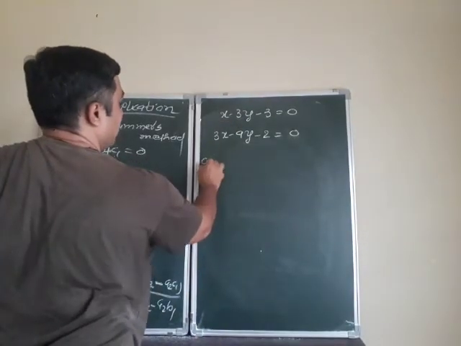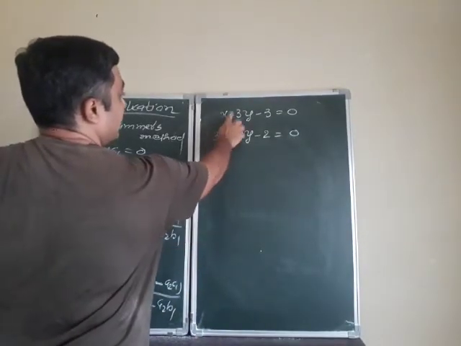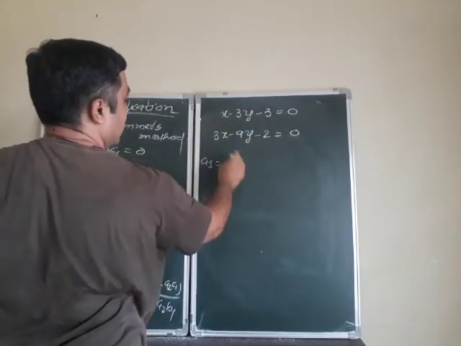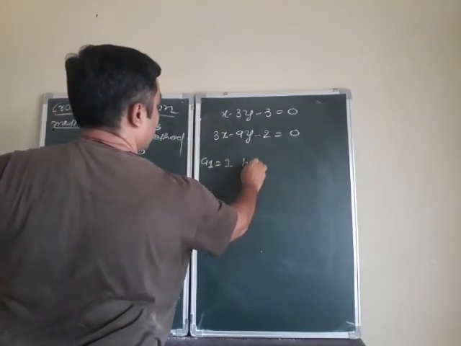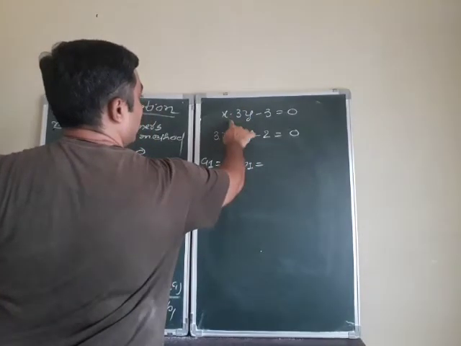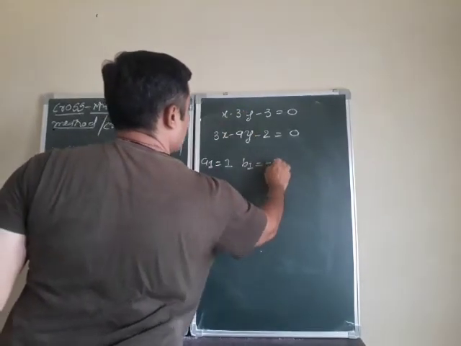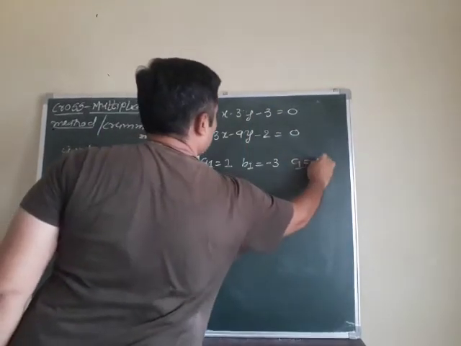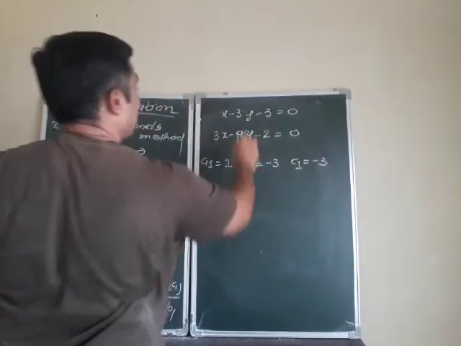So see, first I compare the first equation, a1x plus b1y plus c1. So a1 is equal to 1, right? b1 is equal to minus 3, and c1 is equal to again minus 3. So a1, b1, c1 are ready.